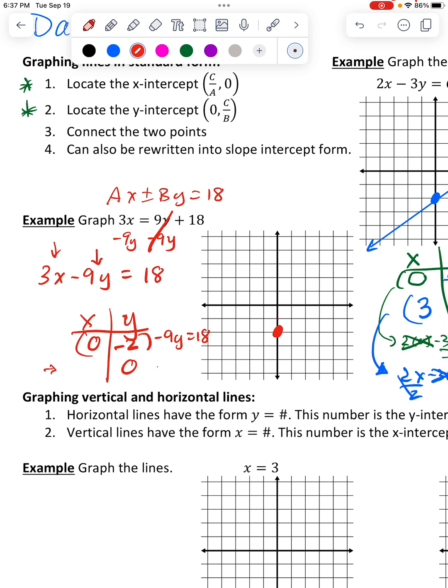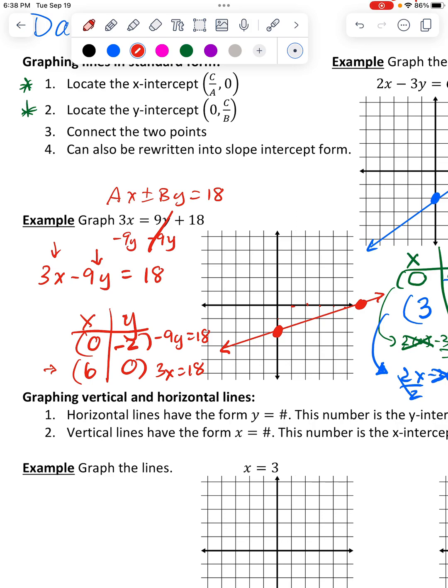And what I would have left is 3x equals 18. So when I divide by 3, I get a big fat 6. So that's going to be over 1, 2, 3, 4, 5, 6. Ooh, I do love when it goes off the graph. And then I just connect my 2 points. 2 points is all it takes to draw a line.